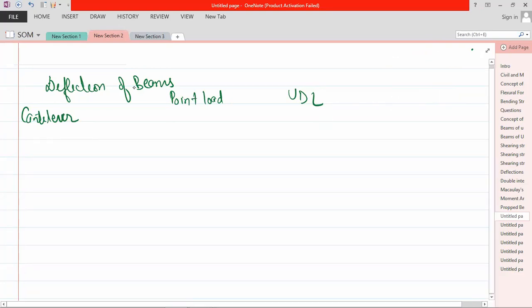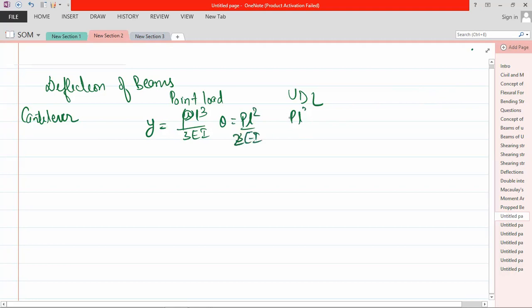Don't consider it. So for point load, deflection is PL cube by 3EI, and for slope it is PL square by 2EI.